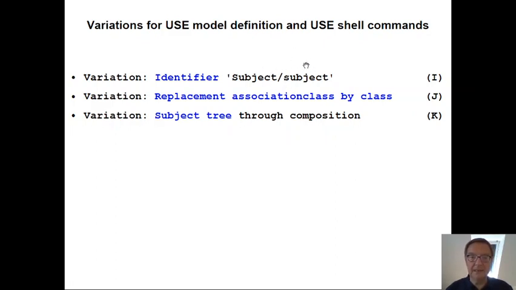And this identifier was used in different ways. And I will explain a way how to avoid this sort of multiple use of the same identifier. Then we will discuss how we can replace the association class friendship by a class.